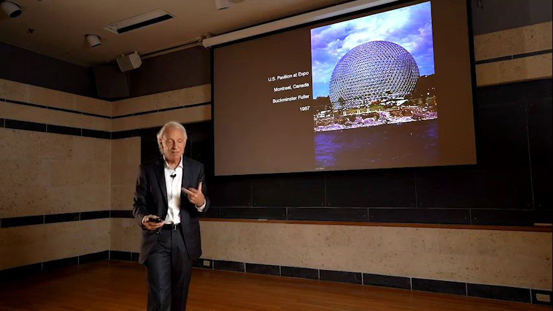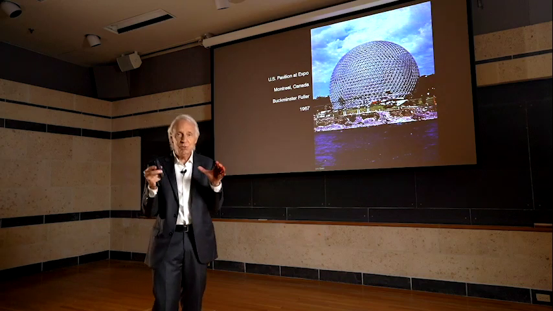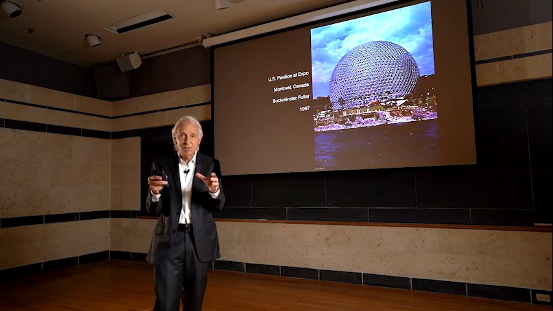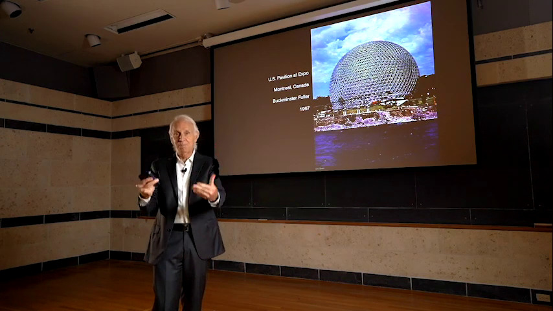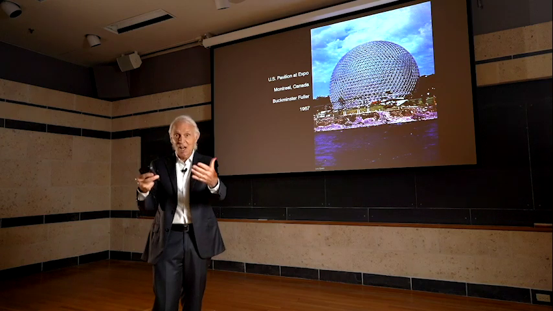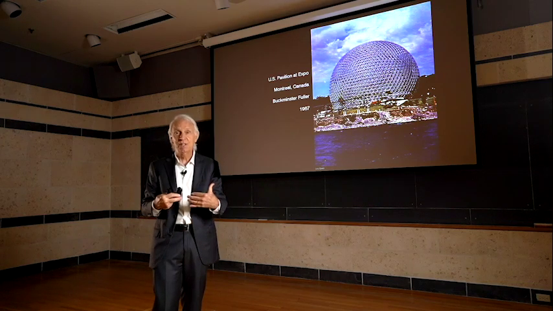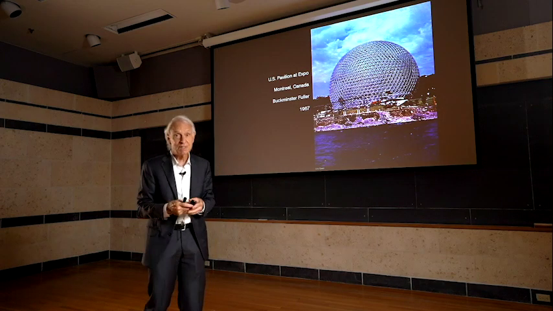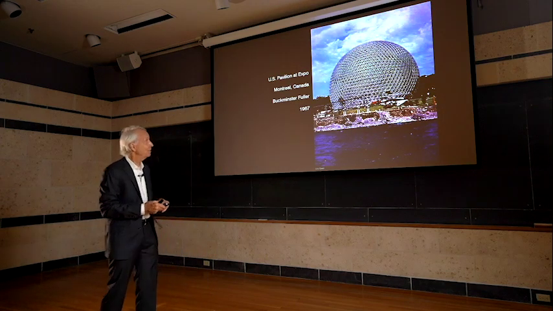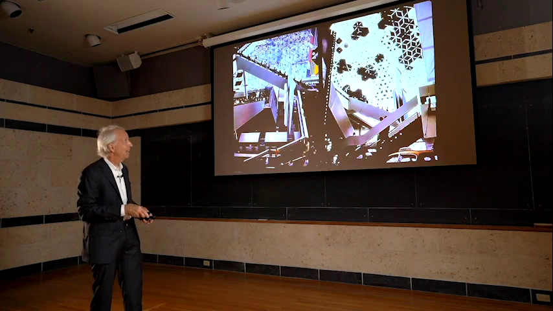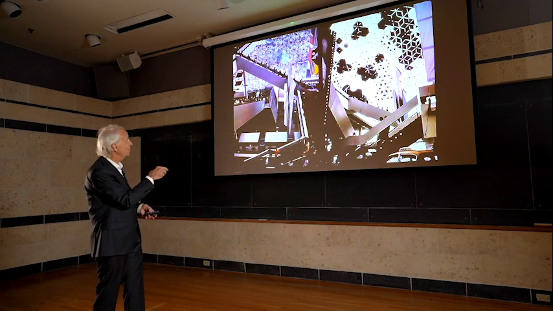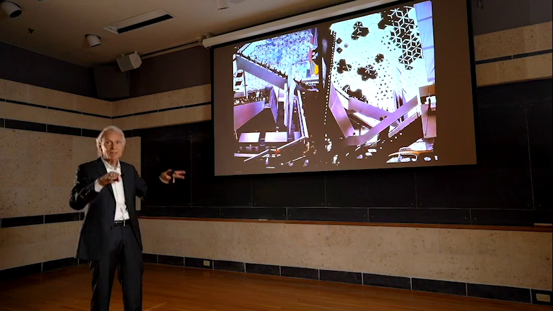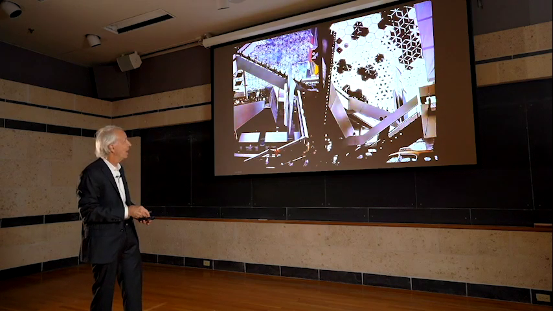The idea of the geodesic dome is to use the minimum amount of material to make the maximum span. And it turns out that that perfect geometry is the solution that helps you do that. In this case, you see that tetrahedral geometry of the space frame as it's making that great spherical form.